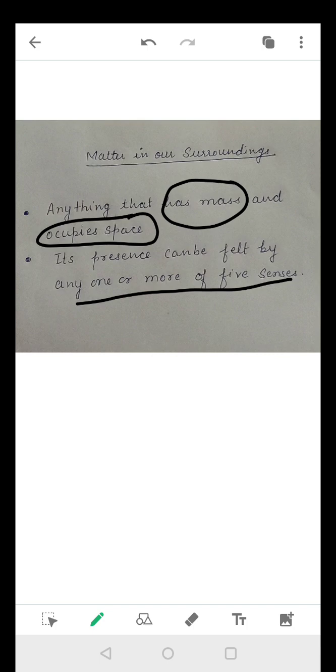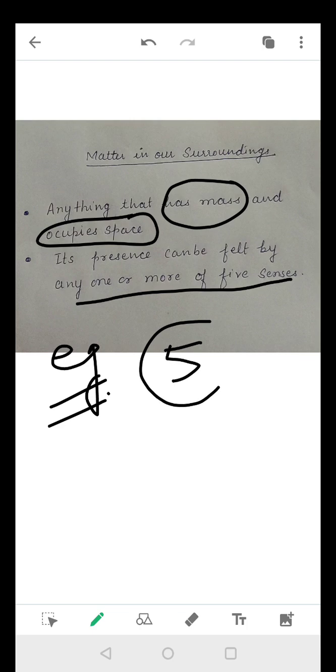And can you note down five things that are matter? Great. Very good. So you will write the examples of matter. The examples are books, pens, notebooks, fan, TV, door, everything, right? Very good. So you list down five examples here.